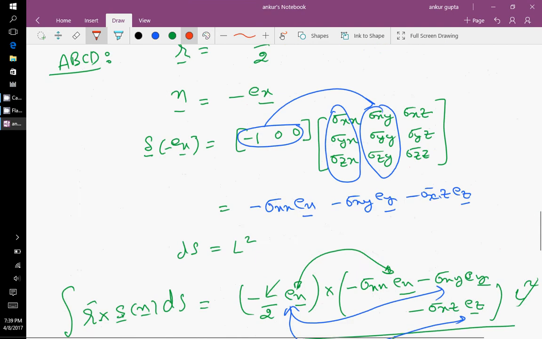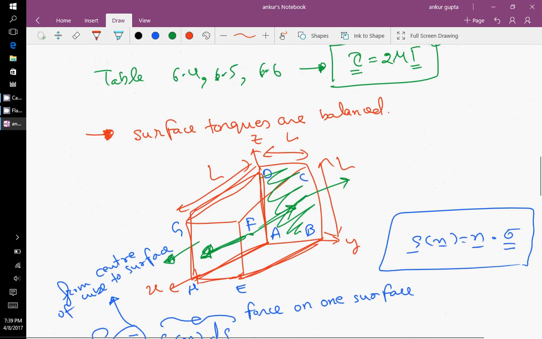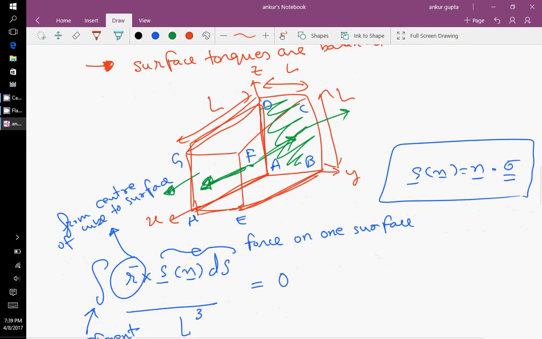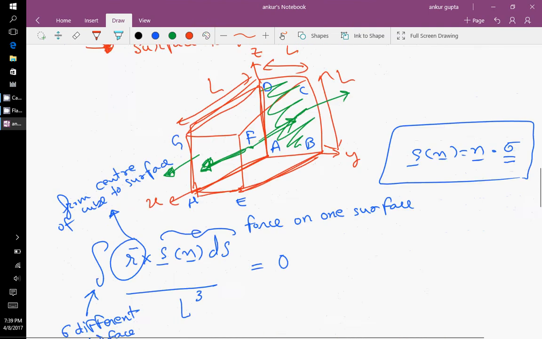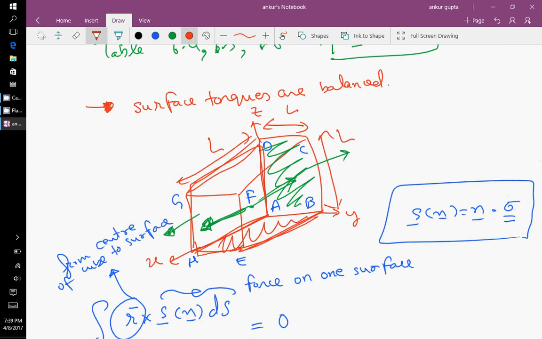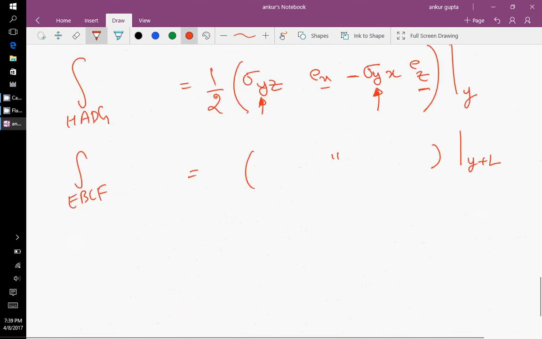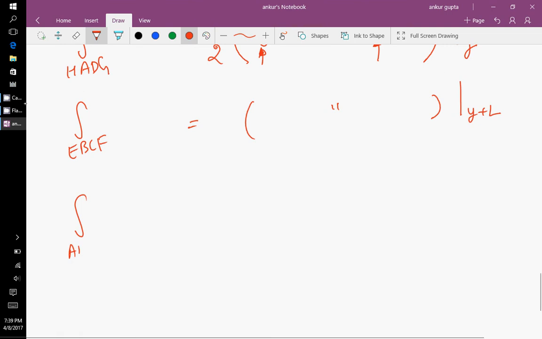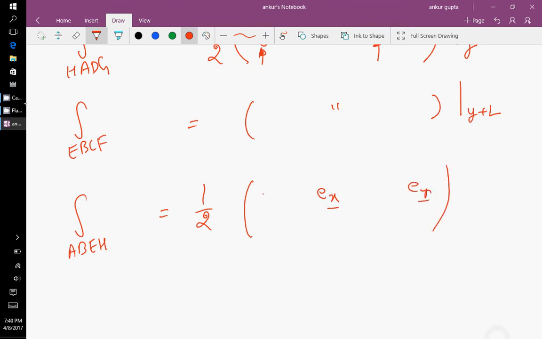Then let's just do one more. We can do the z component. Let's go for ABEH, the bottom surface. Here we have the normal in the z direction, so we'll have ex and ey, right? So we need sigma z, because the first index will always be z because the normal is in z.